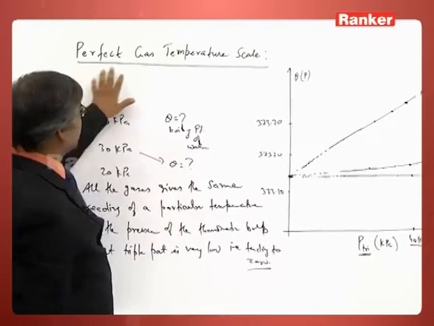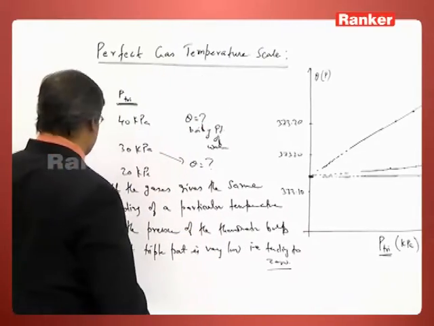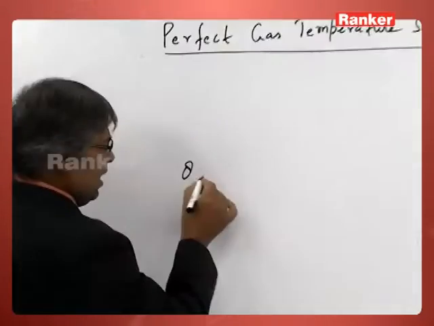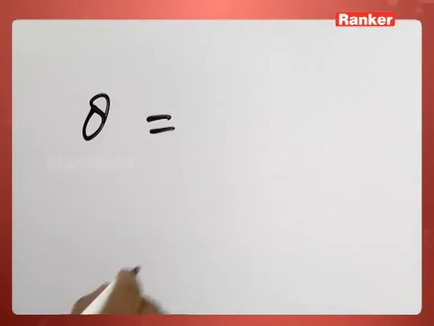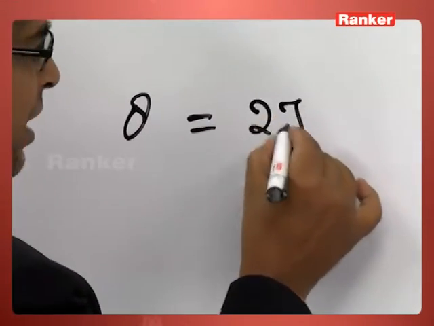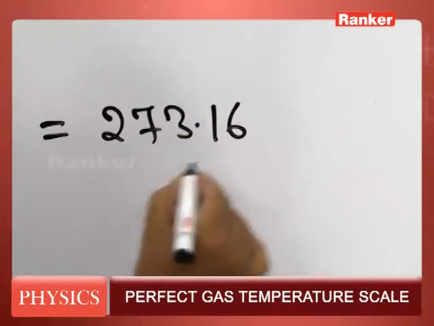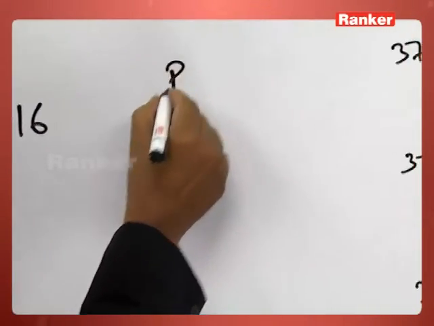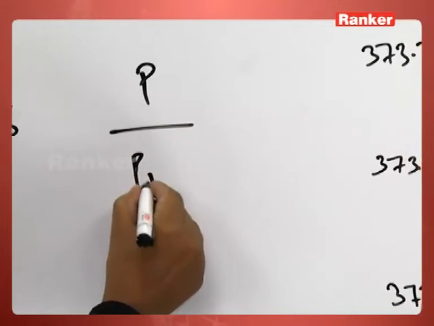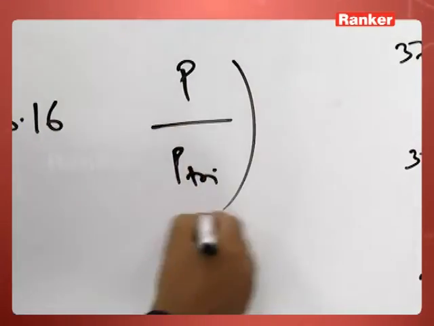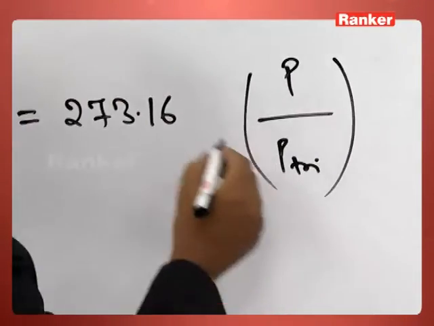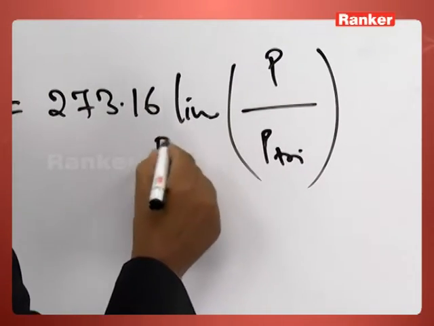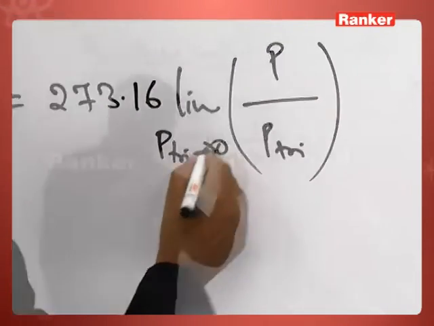Now we can define a perfect gas scale as theta equal to 273.16 Kelvin times P by P triple, in the limit of P triple tending to 0.